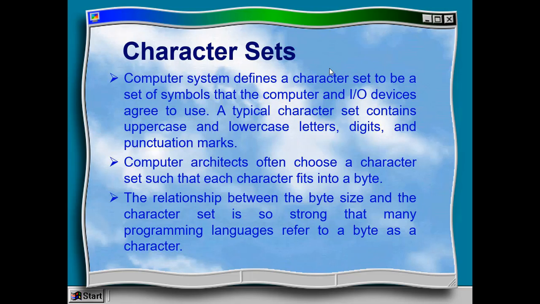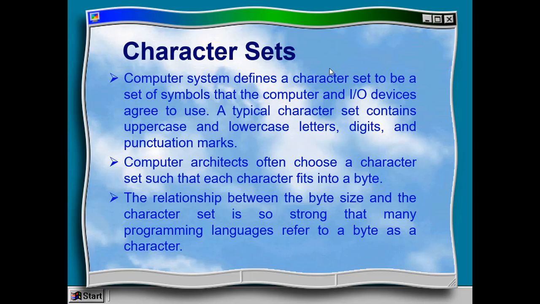A computer architect often chooses a character set such that each character fits into a byte. A computer that uses 8 bits has 256, that's 2 to the power 8, characters in its character set.